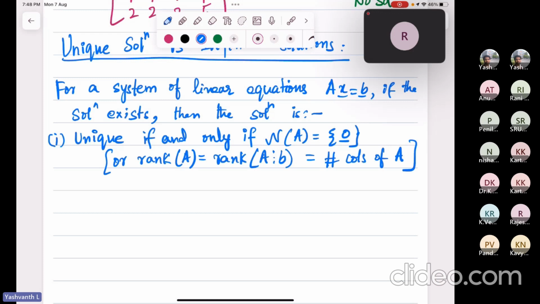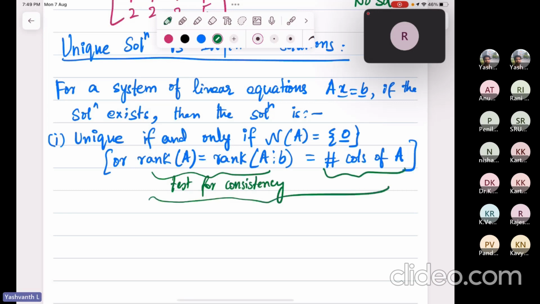Now, this particular condition we already know. This is a test for consistency. But in addition, if this number also happens to be equal to the number of columns of A, then this will give a unique solution. What is the intuition?